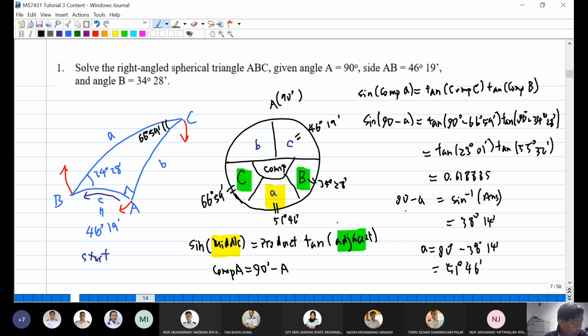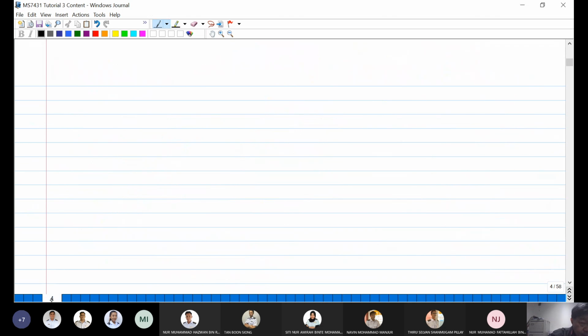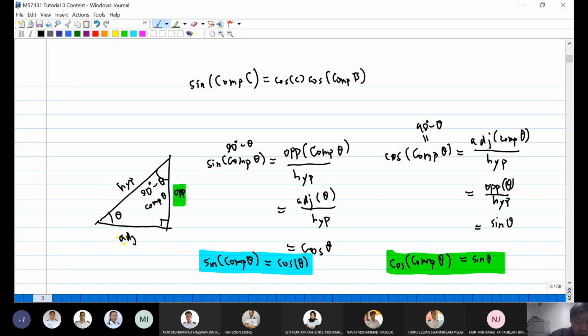All these things, because I write a lot of things there, and I have shortcut so that I don't make so much mistake there. So we have seen that we know sine of co-A. Okay, earlier we have seen the sine of co-A and a shortcut there. Okay, we have the triangle, right? Sine of co-A is actually cosine of A. So this is a shortcut here.